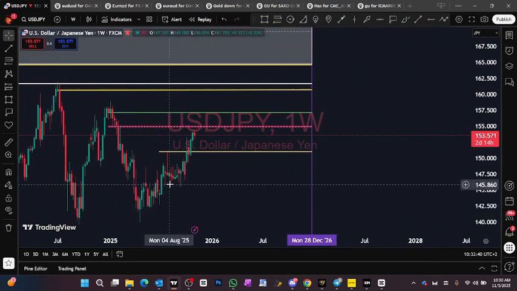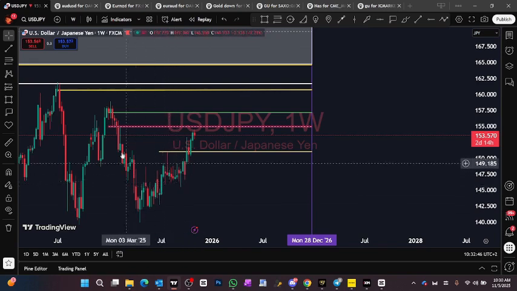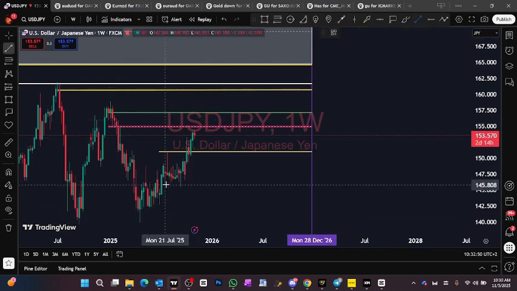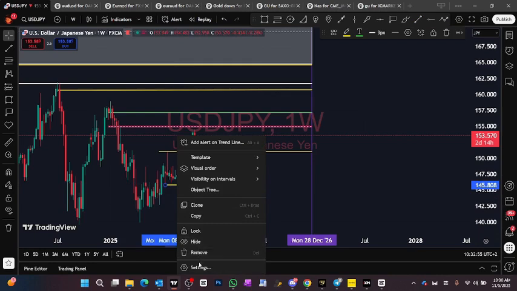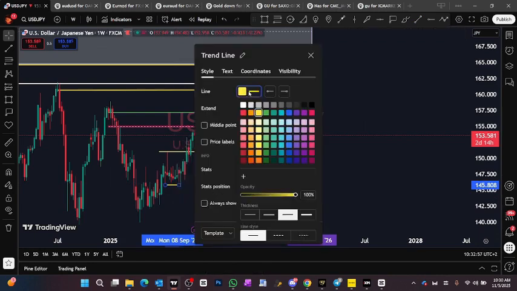If you can see right here, there was a liquidity that was taken out. Trying to look for something. That was liquidity. It's a weekly.